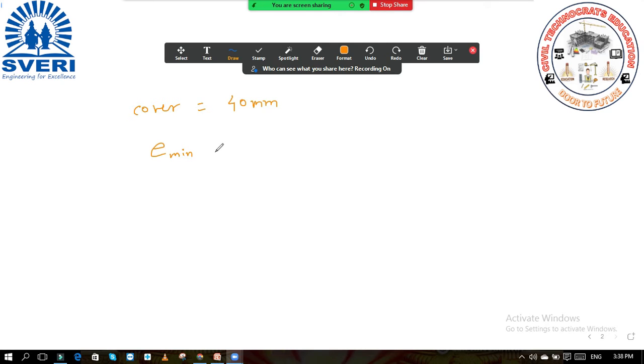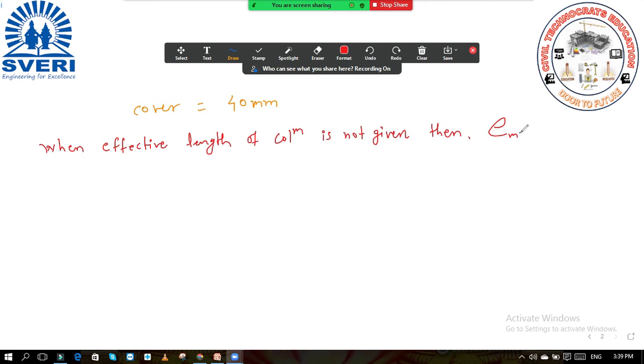When the effective length of the column is not given, you also write down, this is the important point: when the effective length of column is not given, then the E minimum is always taken as 20 mm.